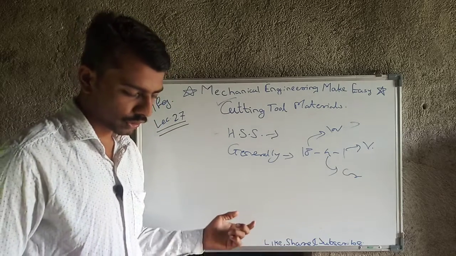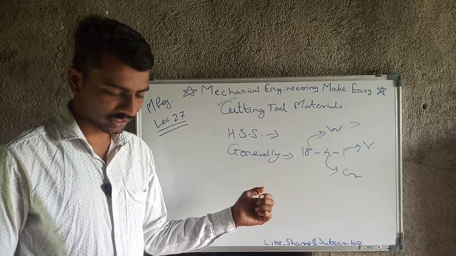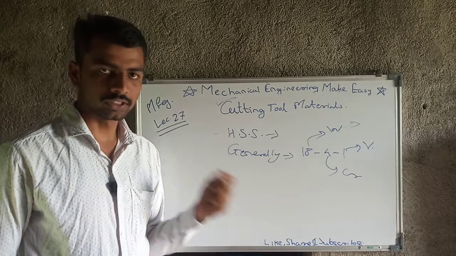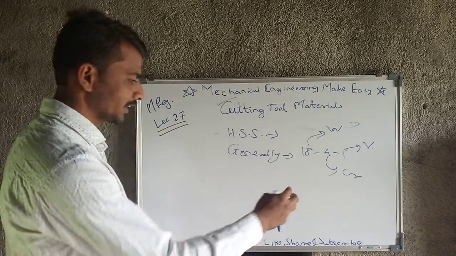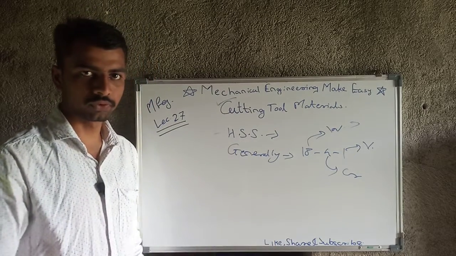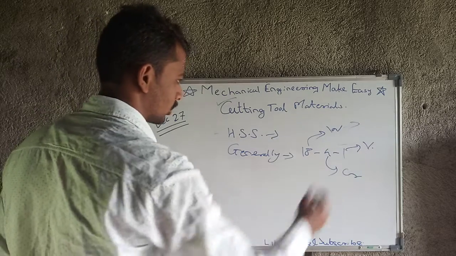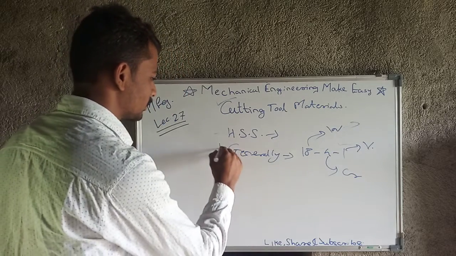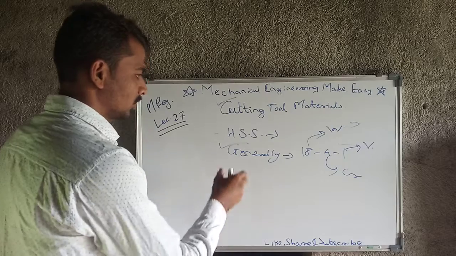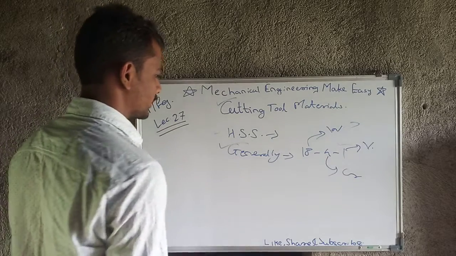We use vanadium to maintain the keenness of the cutting edge. The cutting edge should be very keen so that we get proper accuracy of dimensions. That's why we use 1% vanadium. These three elements are used in 18-4-1 high speed steel.